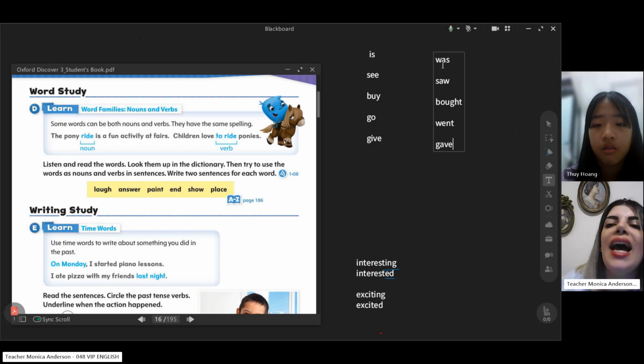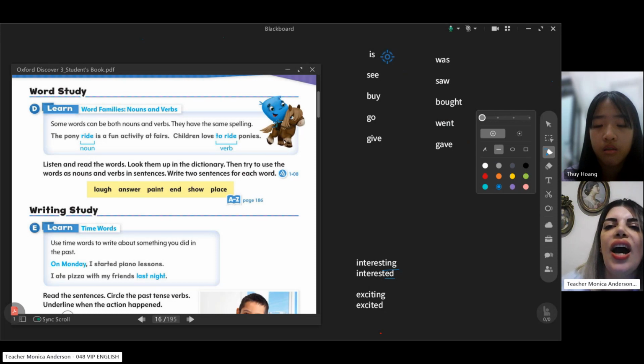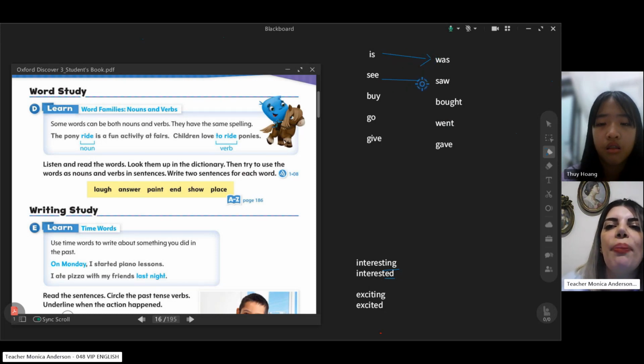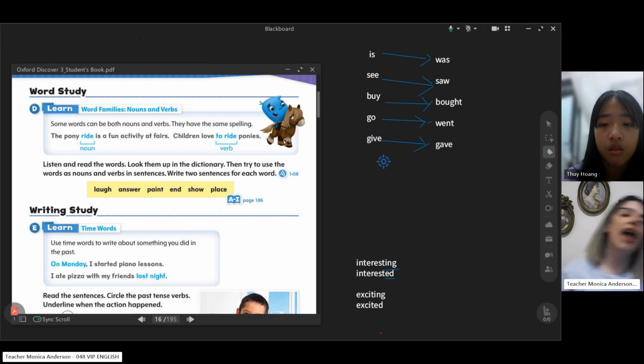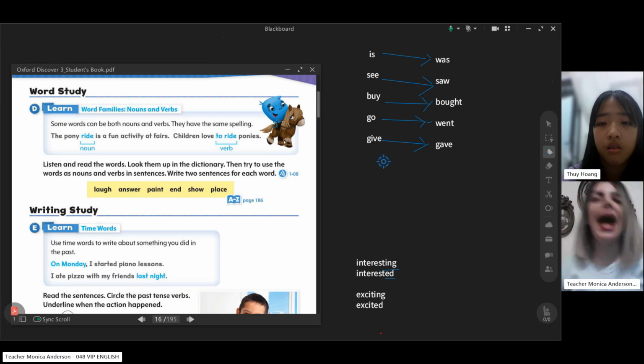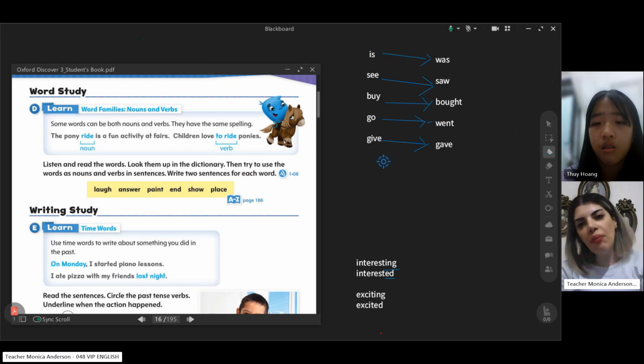Okay, so as you can see, I changed my verbs to past form. So I changed my verbs to past. It means when I want to talk about something that happened in the past, I need to use past tense.